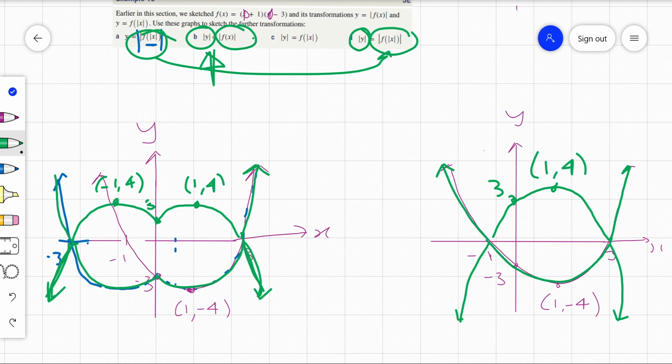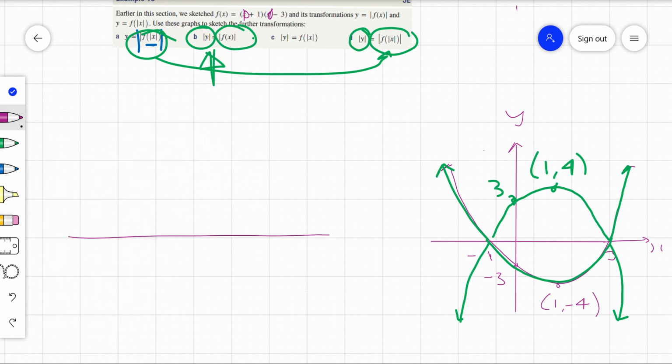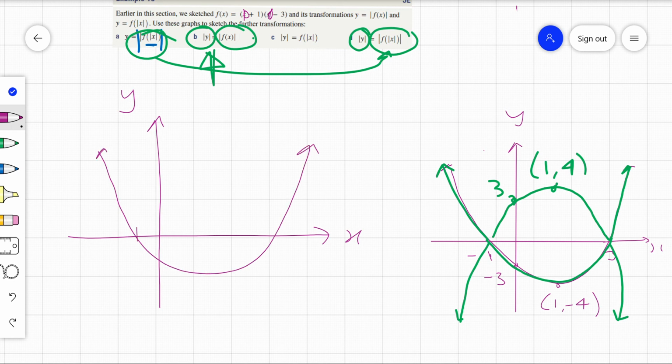First of all, let's come back to the graph. I'll do a rough copy here. What was our original? Our original went something like this. Minus 1, 3. That cut through minus 3.